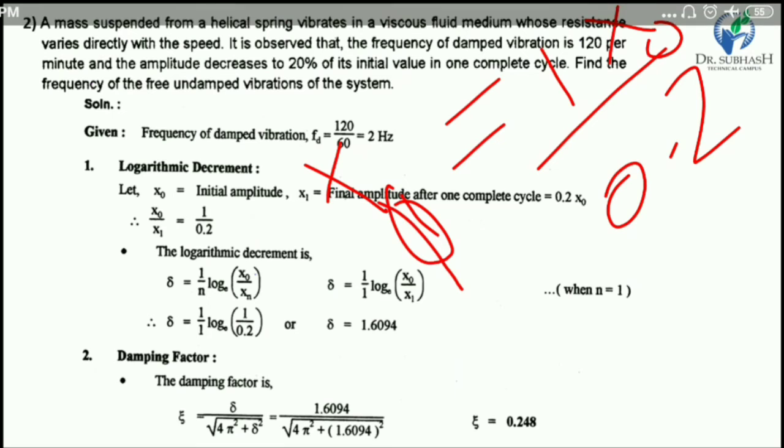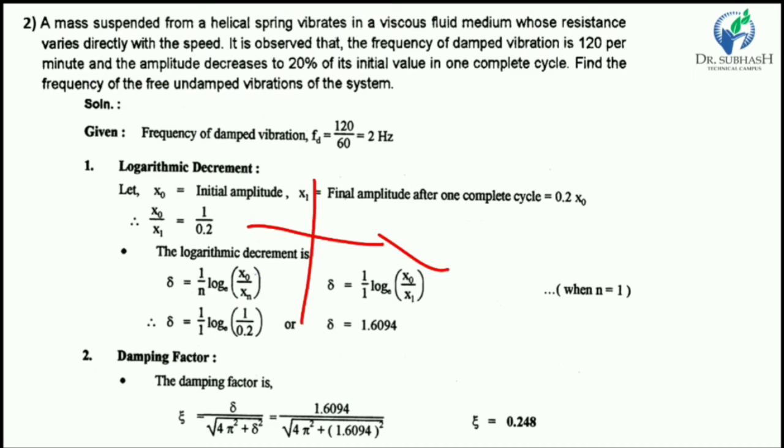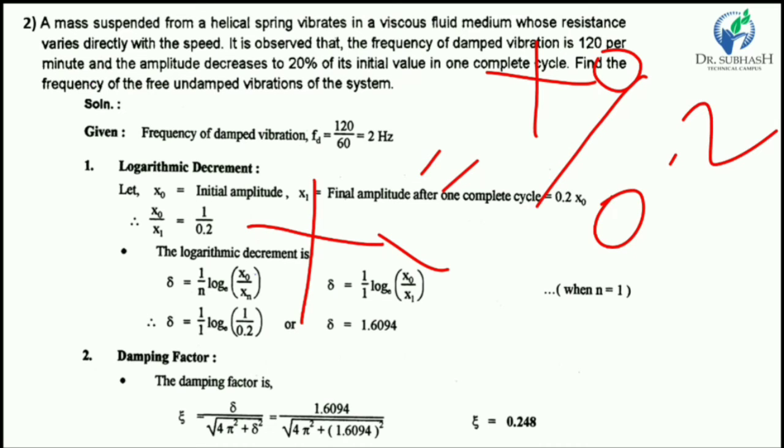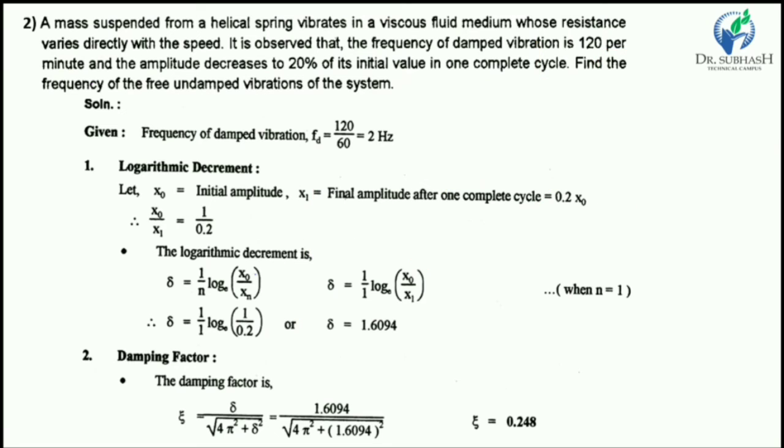So x1 is equal to 0.2 times x0, so x0 upon x1 is equal to 1 upon 0.2. The ratio value is entered in this equation and we find the value of delta.